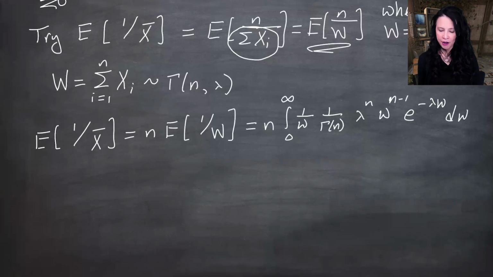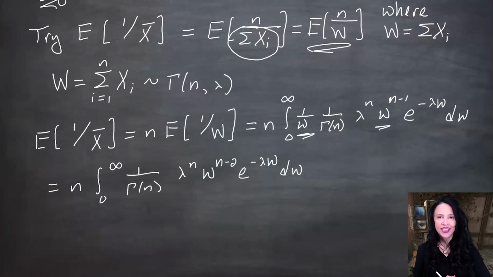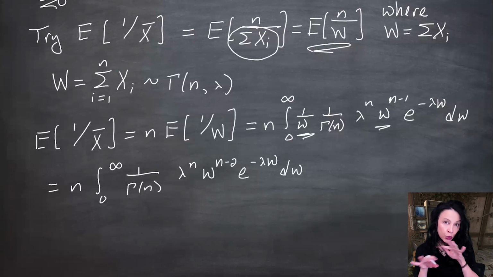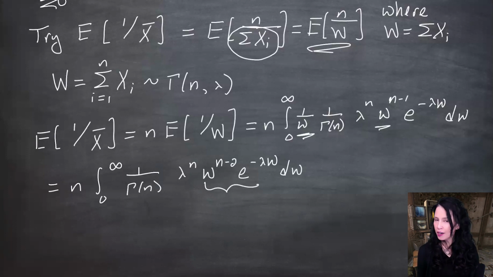This looks like a hairy integral. Let's combine the w's. I've got a w part here and here. How are we going to integrate this? If you just ignore constants, like this is a constant, this is a constant, this is a constant, and look at just what kind of function this part is, that appears to be a gamma PDF if you had the right constants in the front.